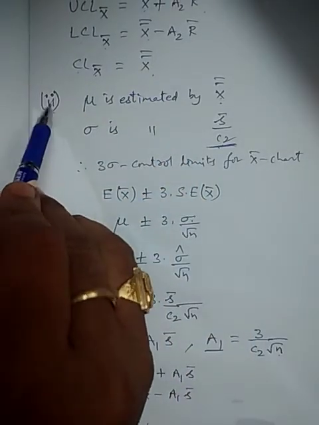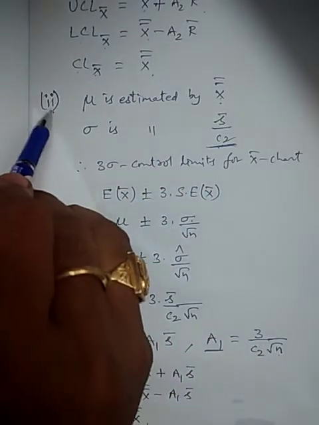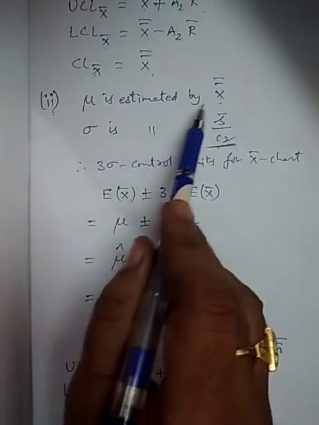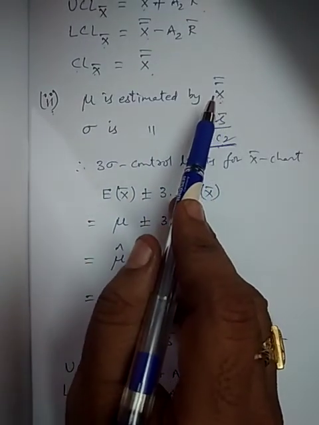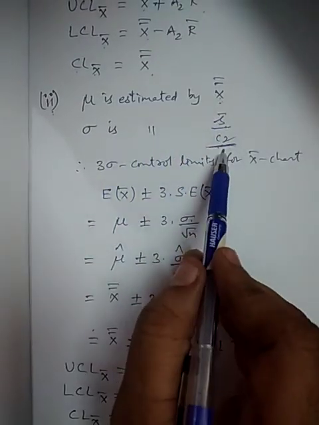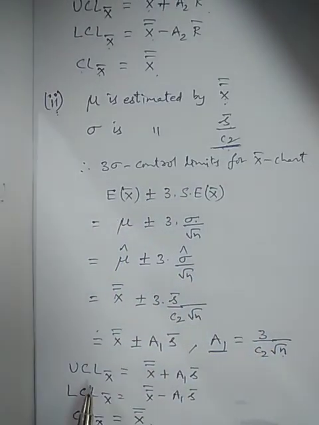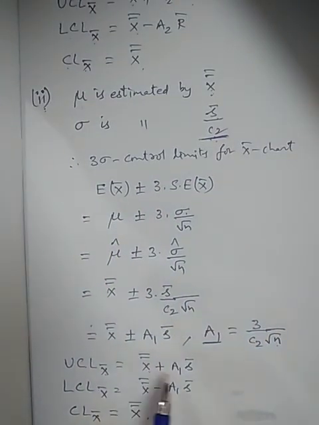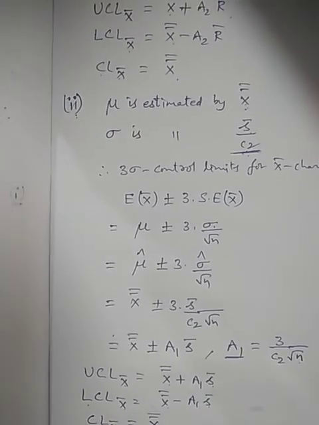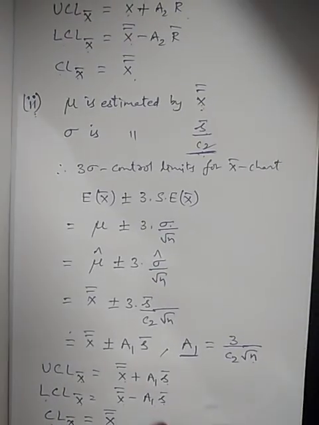In the second method, mu is estimated by X double bar and sigma is estimated by S bar by C2, in which case UCL of X bar is equal to X double bar plus A1 S bar, LCL of X bar is equal to X double bar minus A1 S bar, and central line CL of X bar is equal to X double bar. So these are the control limits in all these cases.